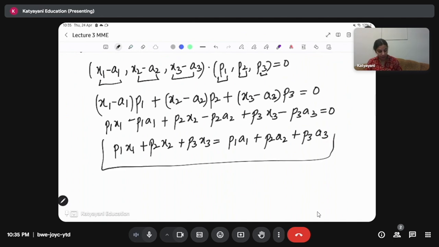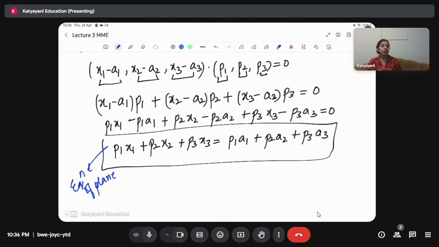So this finally is the equation of my plane. This is called the equation of plane, where P1 P2 P3 are the normal or the perpendicular to the plane, and a1 a2 a3 is the point through which the plane passes, right?